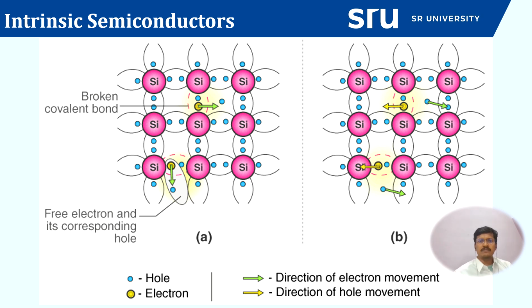Unlike metals, where only electrons carry the current, in semiconductors both electrons and holes contribute to the electrical conductivity. This concept becomes extremely important when we study p-n junction diode and transistor operations in the later part of this course.